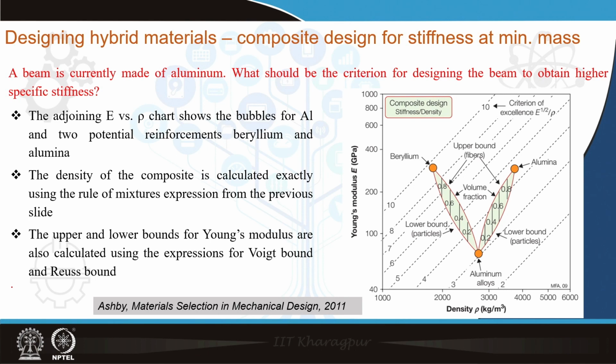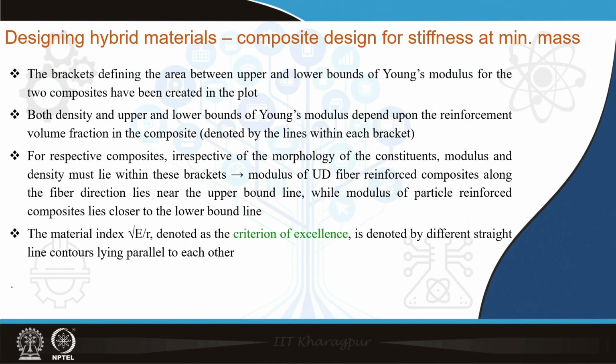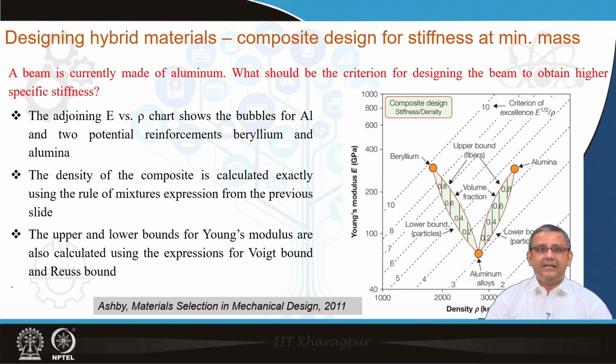That means we intend to develop a composite material which will give better properties over the current material of the beam, that is aluminum. Because the function is the beam, as we already know, the material index parameter is E to the power half over rho. So, the lines in this plot with a slope of 2 give you the material index which has to be maximized. So, what is our approach?